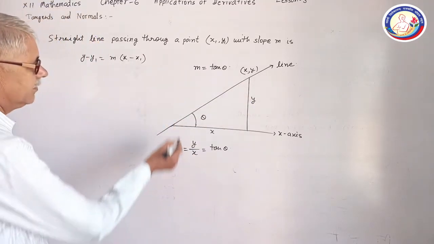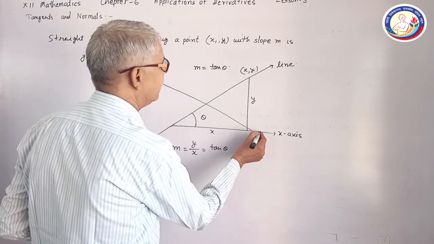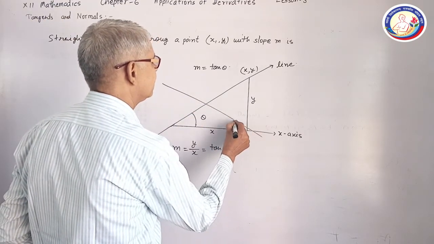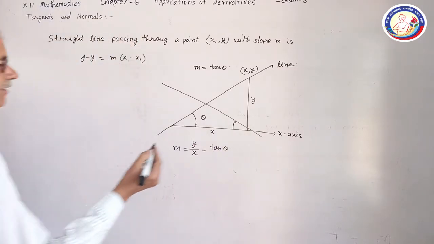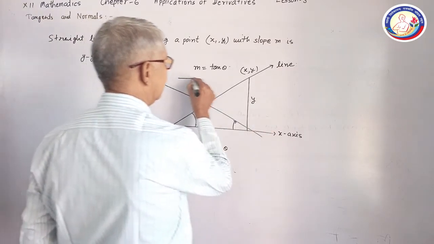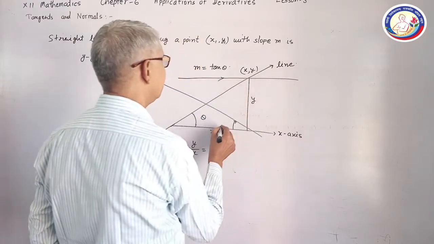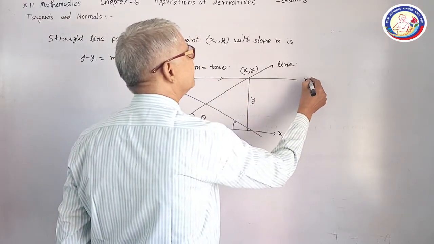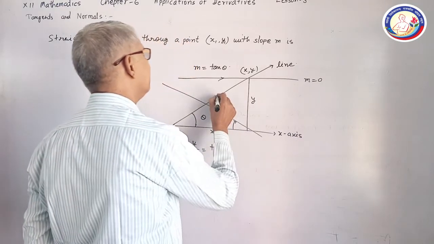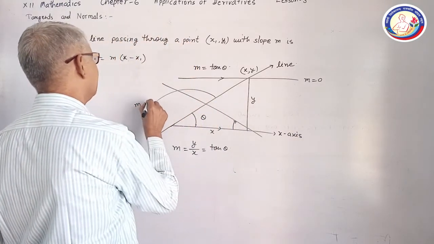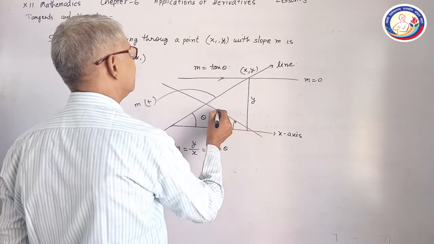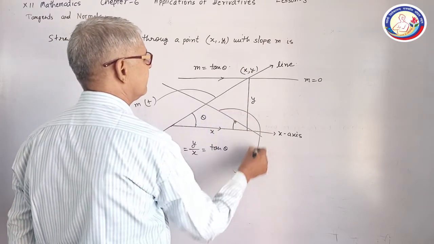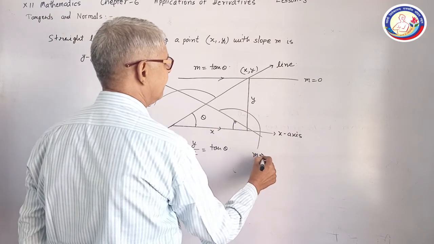If the line is like this, the angle will be negative from the x-axis and the slope will be negative. And if the line is parallel to the x-axis, the slope will be 0. Here the m will be positive, and for this line, m will be negative.